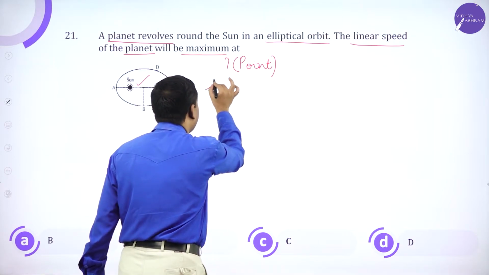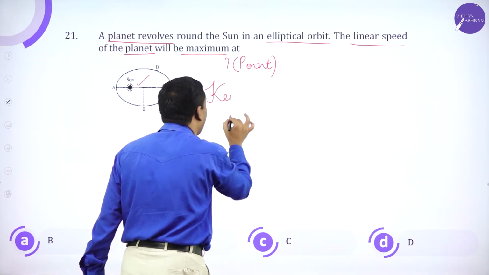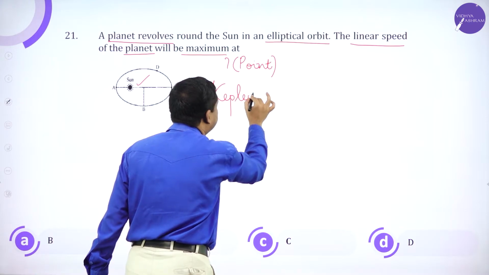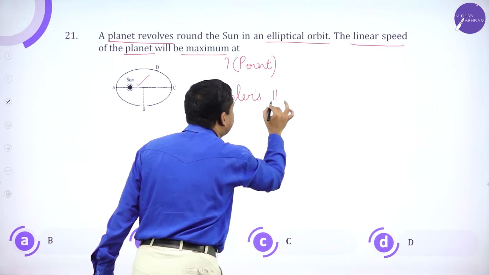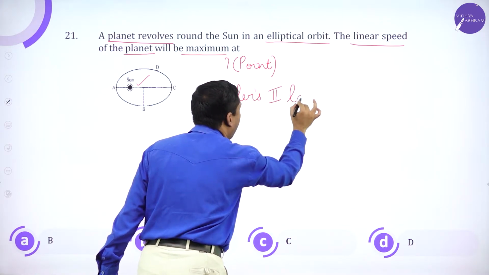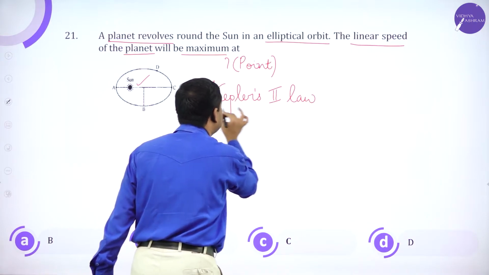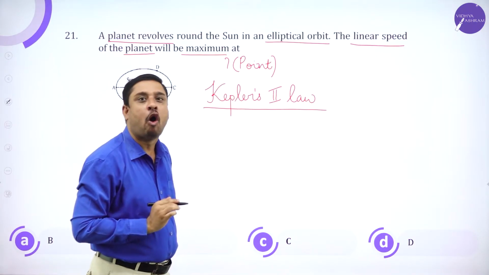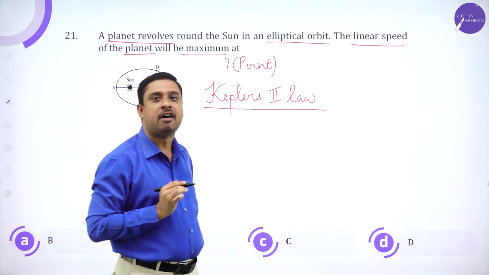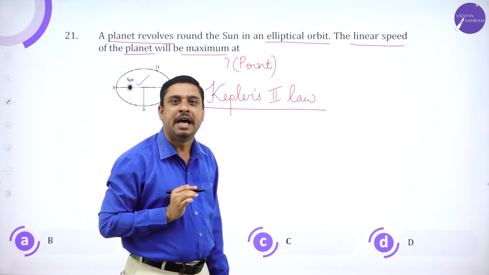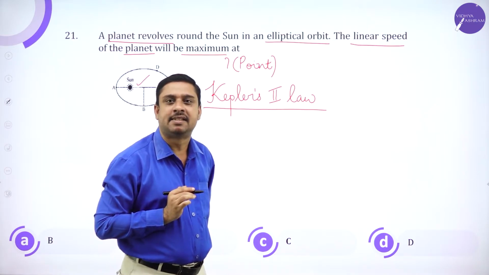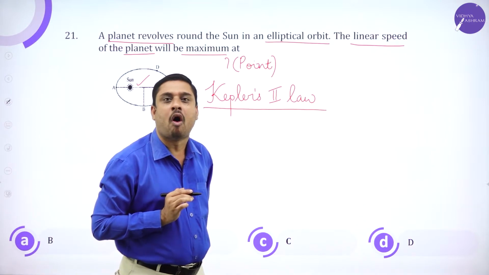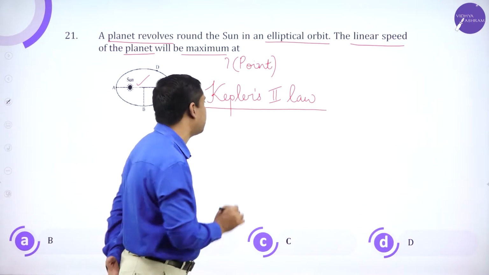Now, from Kepler's law, exclusively Kepler's second law, which is called the law of areas.